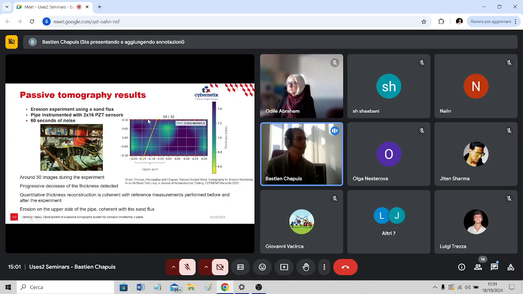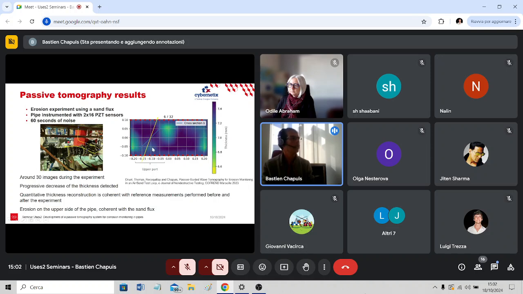And here you have the results. So it's a thickness map. You can imagine you have in red the transducers, the ring of transducers. We have unfolded the pipe, and we have in yellow the expected trajectory of the sand.